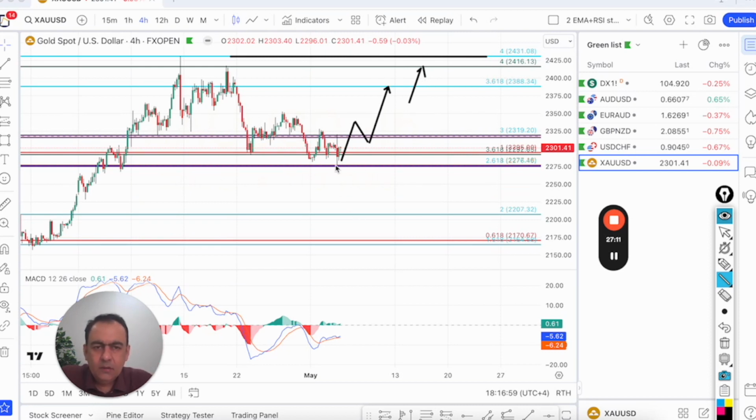If it closes below 2275, then on the retest, I'll be targeting the lower price level of 2207. So only in the short term we can expect gold to be bearish if it breaks below 2275. Otherwise, my long-term bullish plan remains intact.